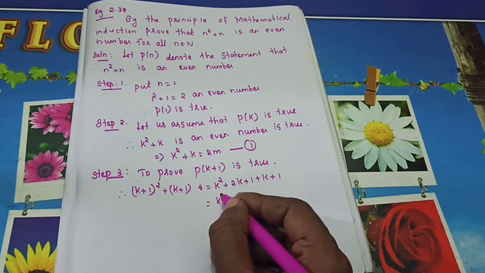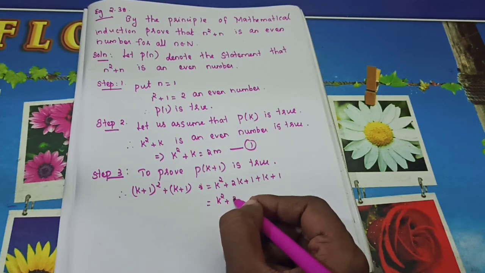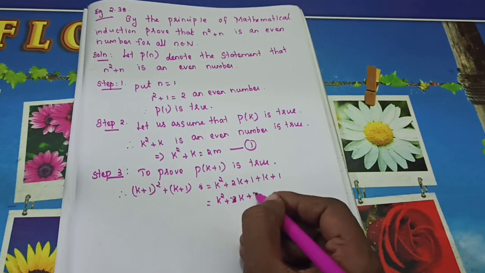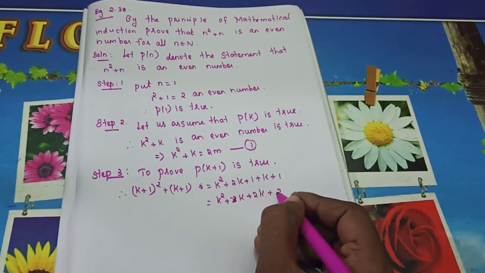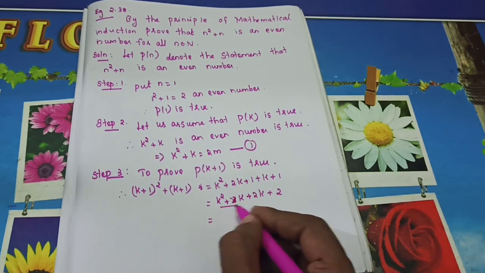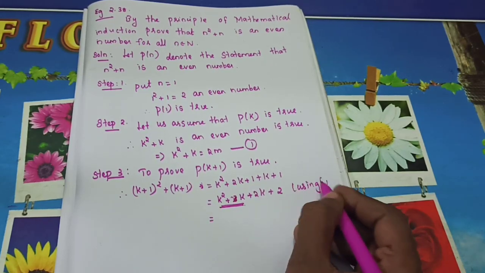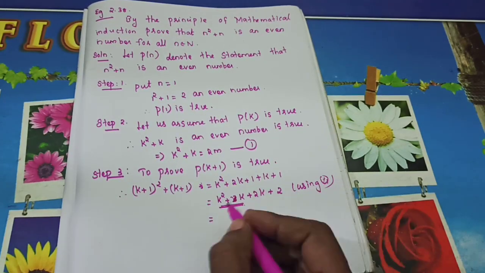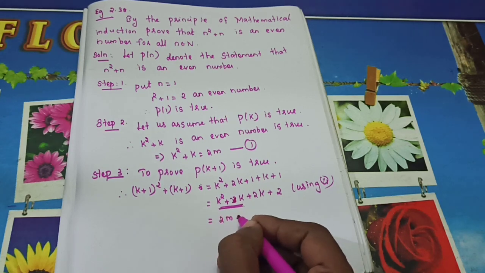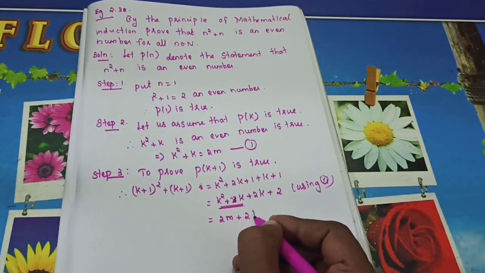That's equal to k square plus k plus 2k plus 2. In the place of k square plus k, using equation 1, what can you write? 2m, is it right? So 2m plus 2 into k plus 2.